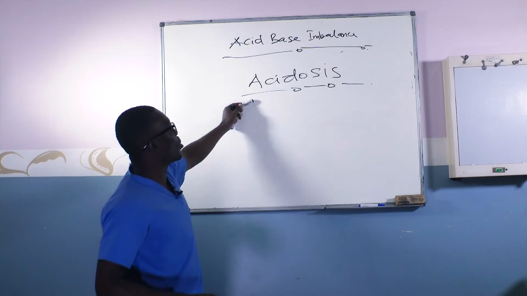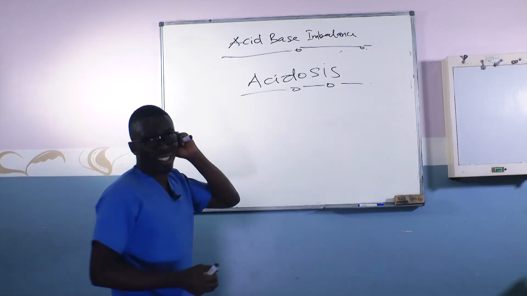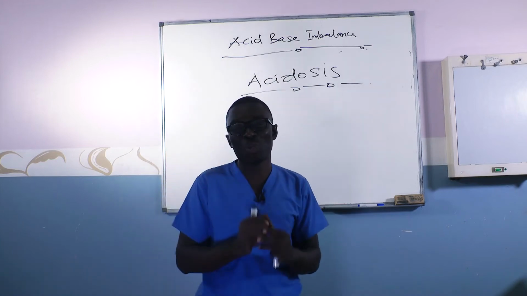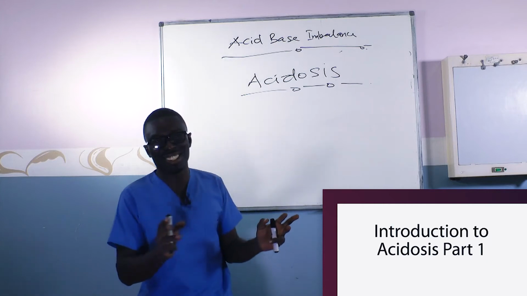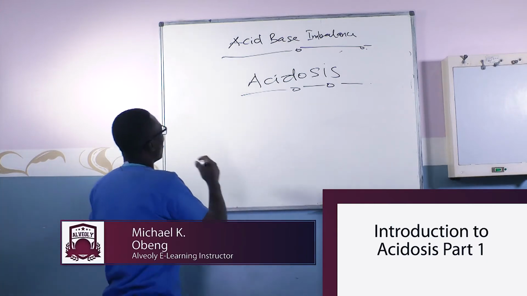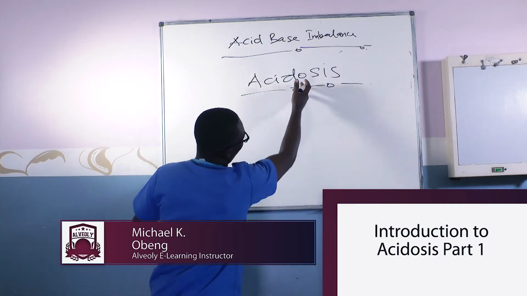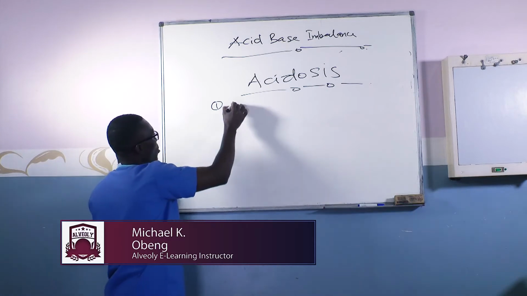Alright, so now we are coming to look at acidosis. But with acidosis, let's look at this simple equation in chemistry. Don't worry about the chemistry aspect of it. Just understand the basic aspects and the important things. So, we are saying that with acidosis, we made a point that it's as a result of what?